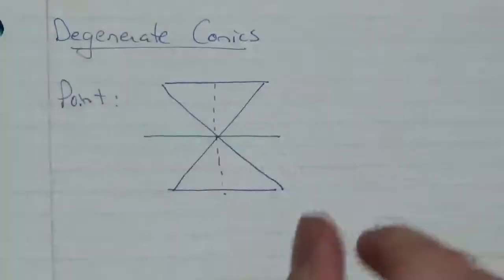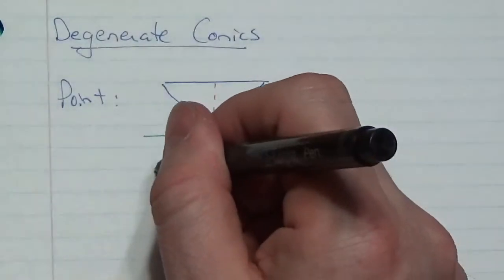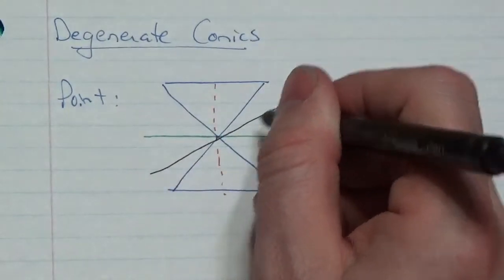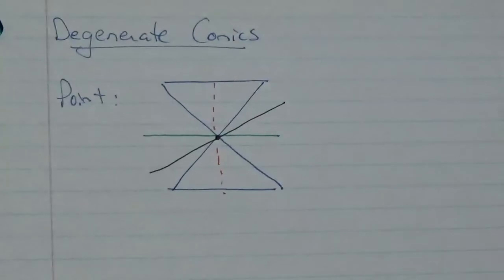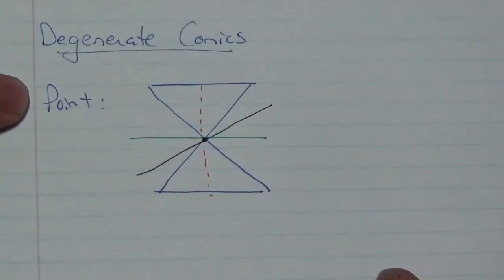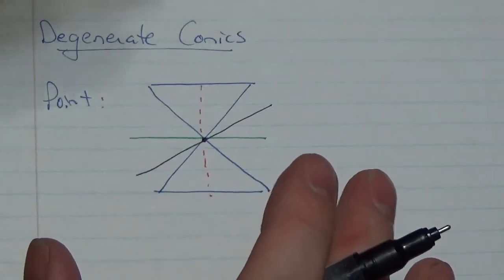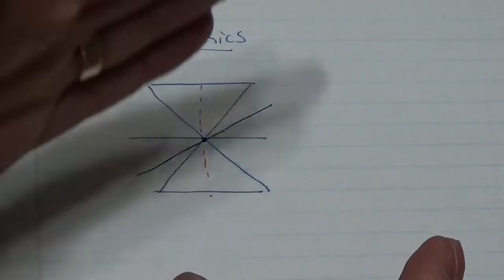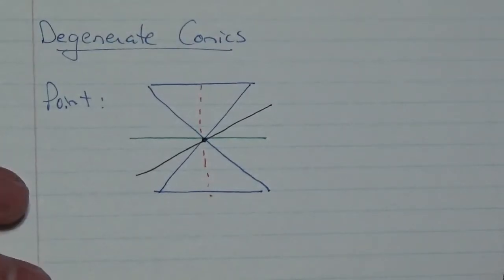Or I could be making an ellipse. I could have my plane going through like this, but it goes through the vertex. So a point arises when I'm obeying the rules for a circle or an ellipse, but my plane goes through the vertex here.